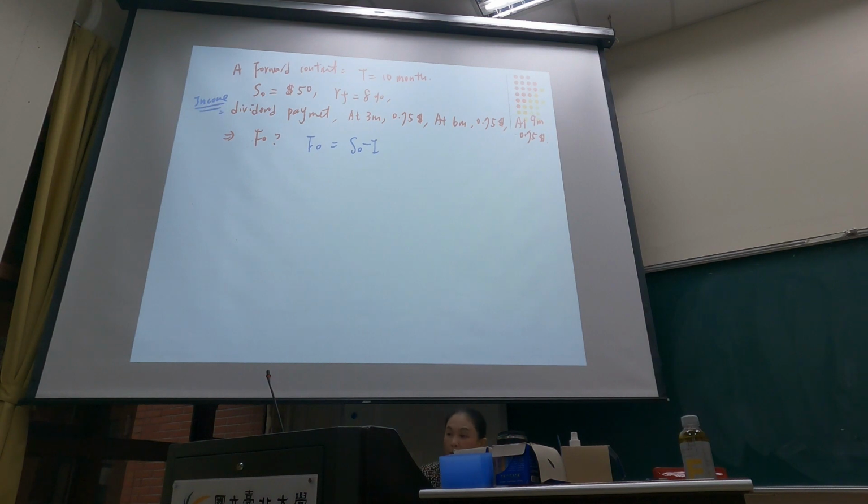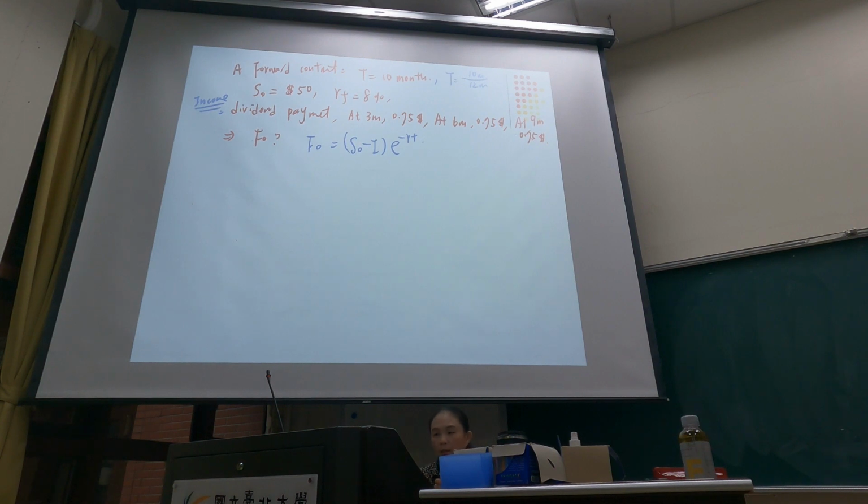Dividend is an income, so it will mark down your forward or futures price. And then times e^(-RT), where T equals 10 months over 12 months, remember? That's how you figure it out.